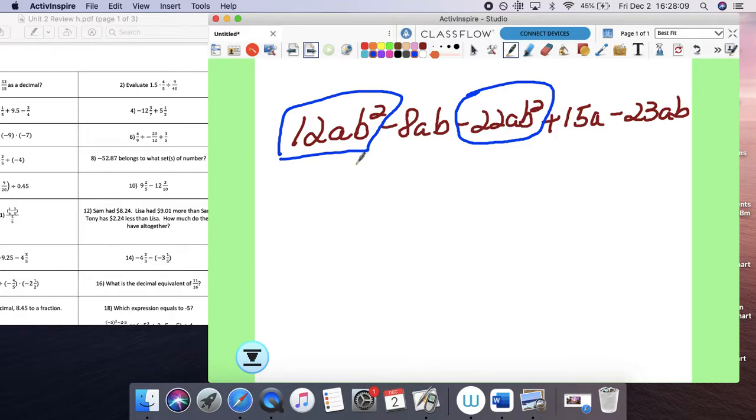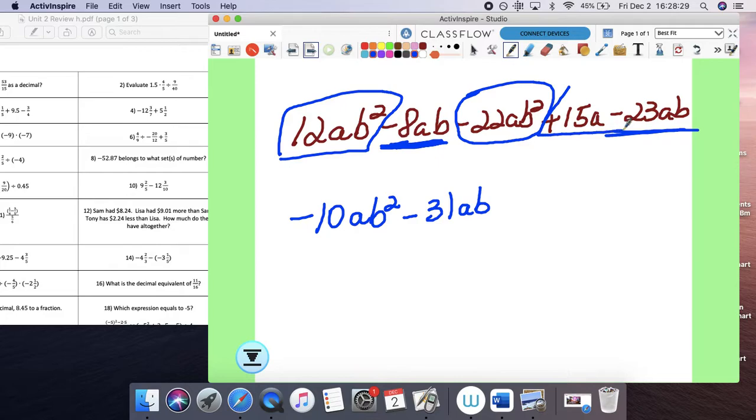So combine the coefficients. 12 minus 22 is negative 10ab squared. Is there anything with ab? Yes, we do. There's a negative 8ab and a negative 23ab. Combine the coefficients. Negative 8 and negative 23 is negative 31. And lastly, this guy here combines with nothing, so just add it to the end.